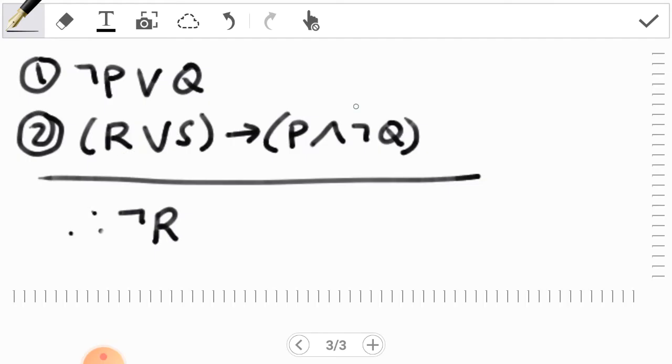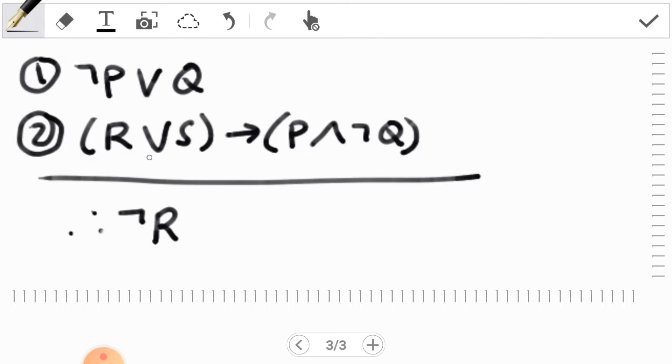So this means that we want to get rid of our P, Q, and S. We need to get rid of P, Q, and S. So that will now be our problem. And how do we do that?